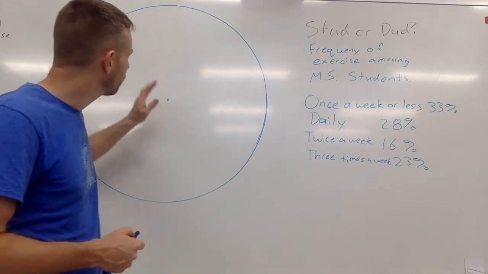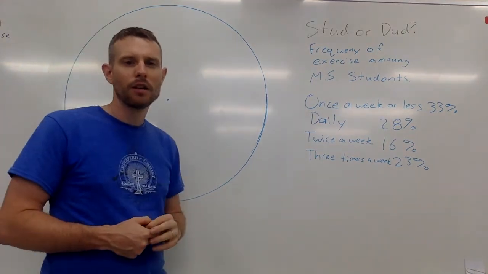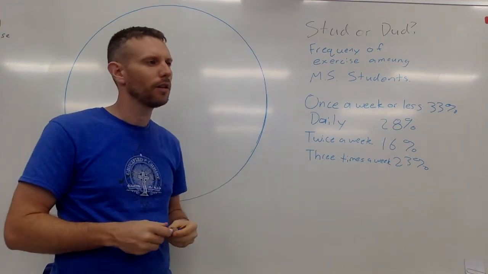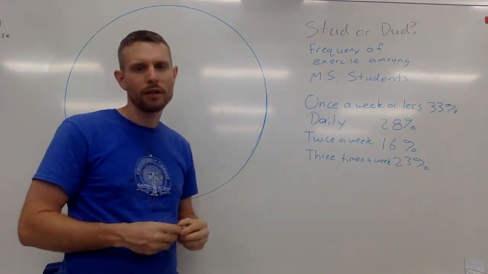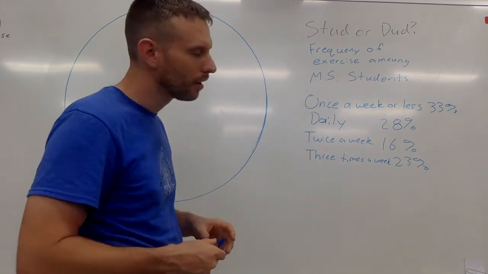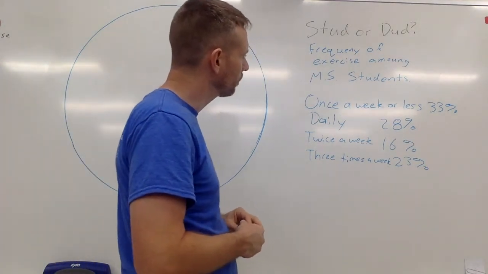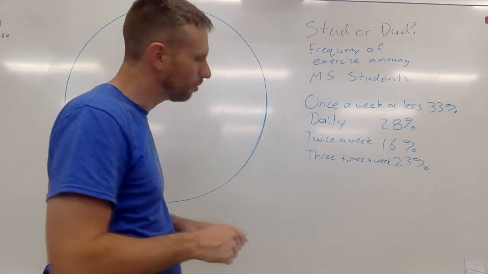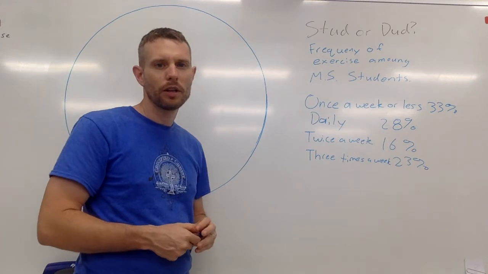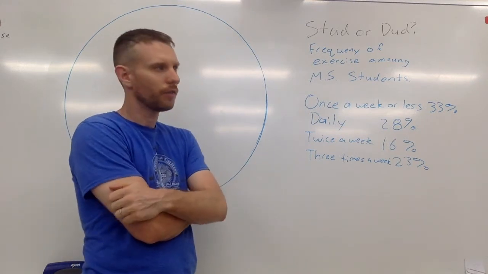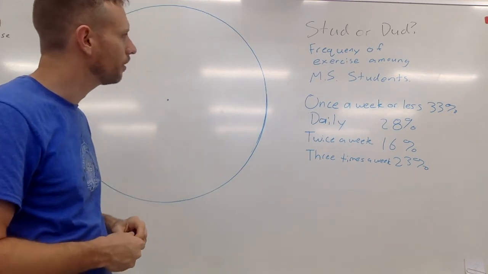I've already drawn my circle the best I can using string and a marker, but I recommend that you draw your circle with a compass, and then find the degrees of your different sections with a protractor.